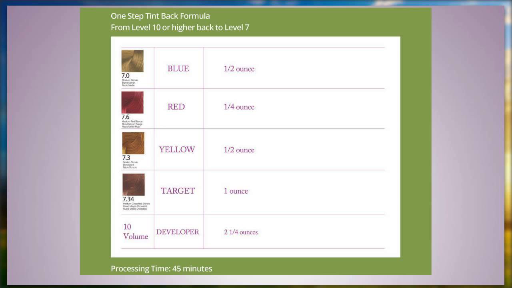So normally, in the past, what people would do using any other hair color is they would take the client and dye their blonde hair to more of an orange or copper first, usually with a demi-permanent. And then they would do an all-over color on top of that.